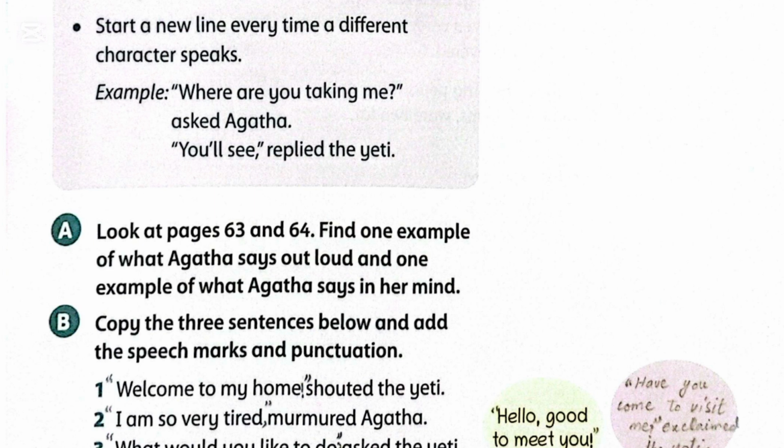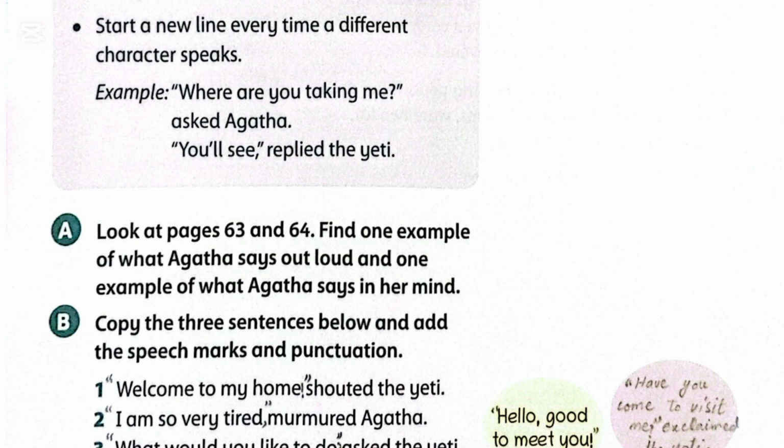Sentence number 1: "Welcome to my home!" shouted the Yeti. Welcome to my home is the dialogue that is shouted by the Yeti, so we put speech marks around it, and we put an exclamation mark after it because that is said with full emotion. So after the exclamation mark we put the speech mark.